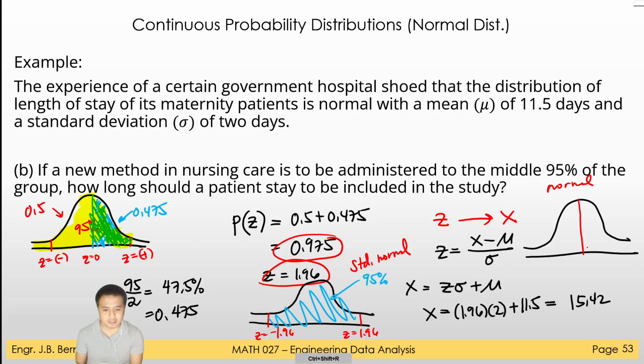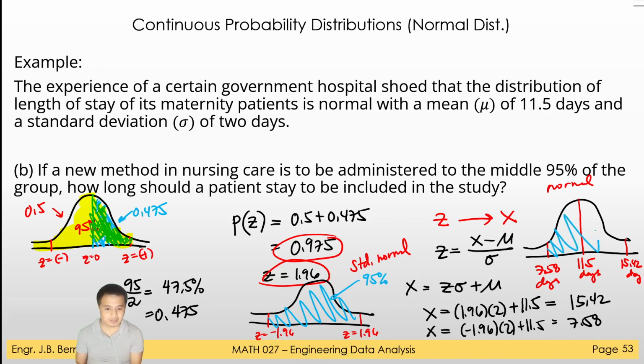The mean here is 11.5 days, and then you have 15.42 here. We also want to find the x value for the negative: negative 1.96 times 2 plus 11.5. That will be 7.58. I'm just not showing you the calculation. So this will be 7.58 days.